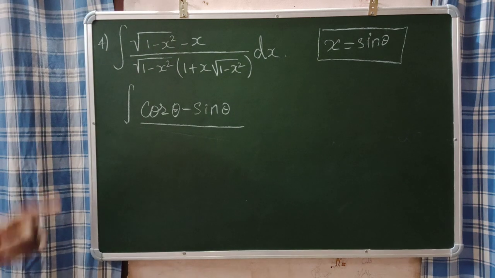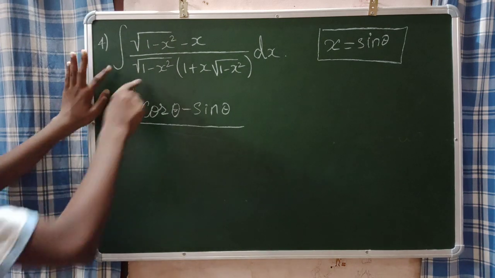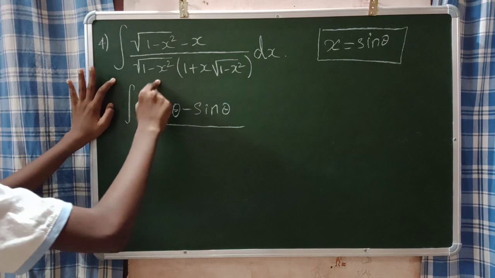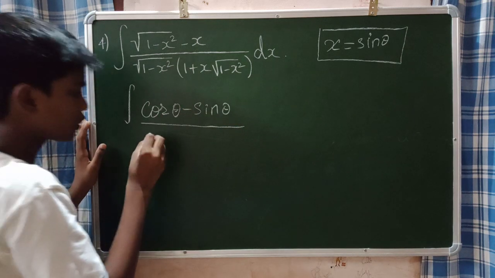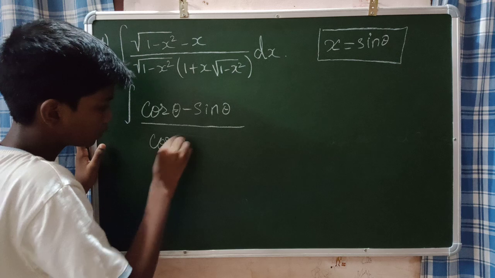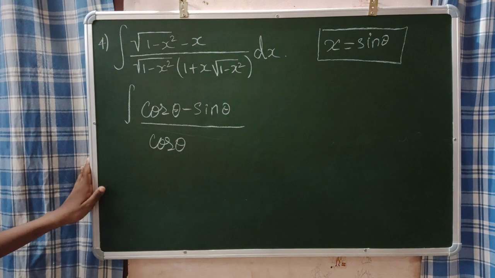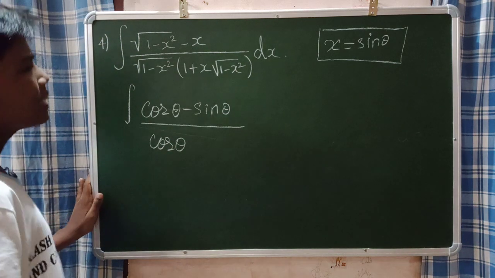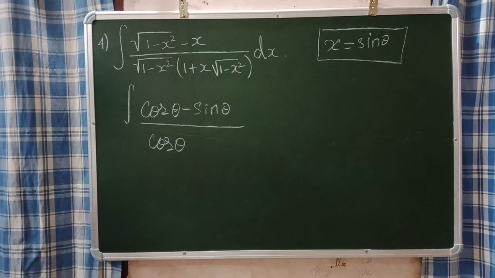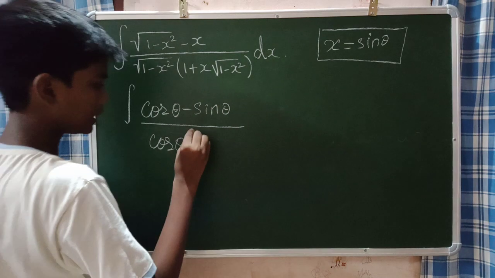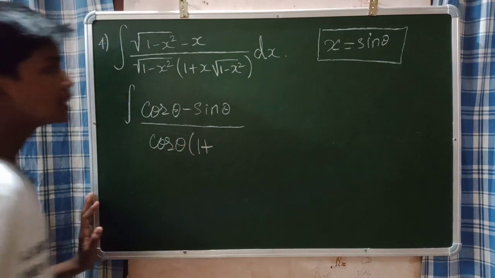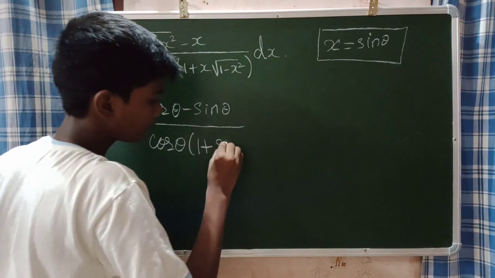Then root of 1 minus x square means root of 1 minus sin square theta, which is root of cos square theta, so it is cos theta only. Same here also. Then 1 plus x into root of 1 minus x square: 1 plus what is x? That is sin theta.